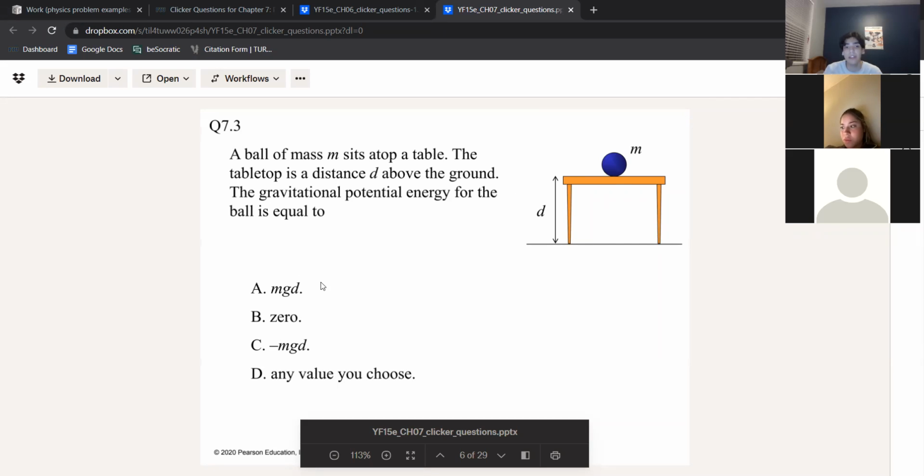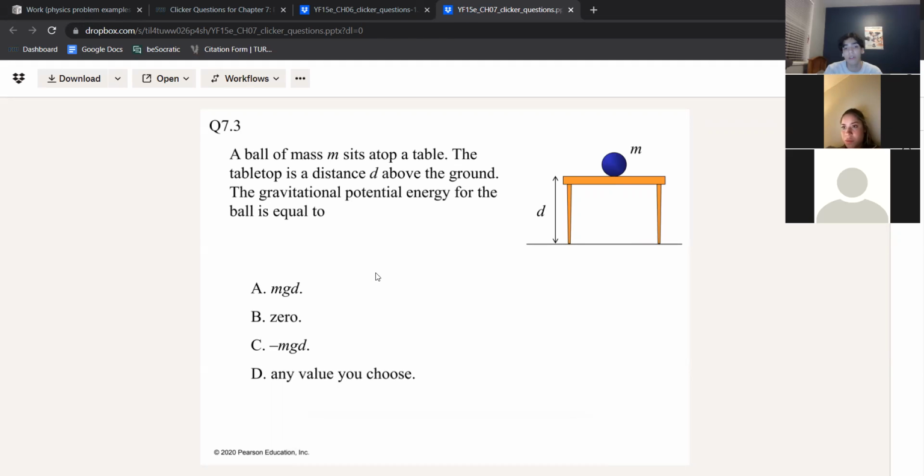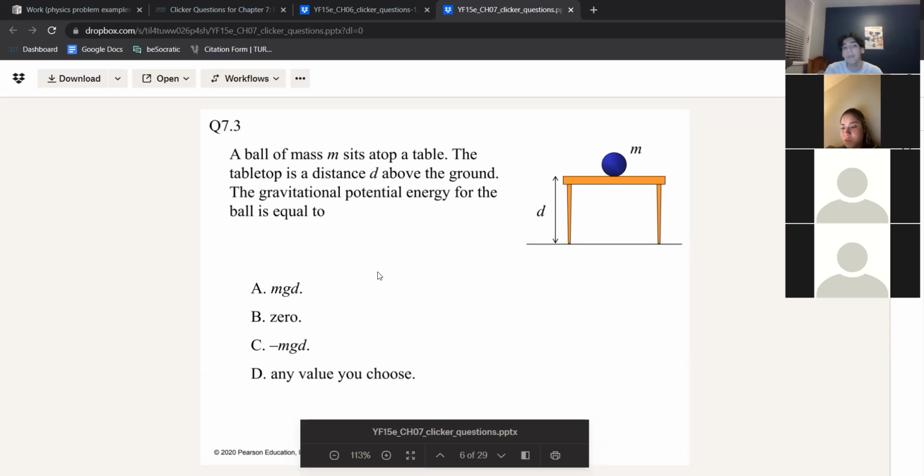Does anyone think it's one in specific? No, I agree. It's a matter of perspective. So you said it's 0? No, I said it's any value you choose. I mean, maybe it's 0. I think it could be any one of the 3. It could be 0 in a situation where the gravitational potential energy is relative to the table.